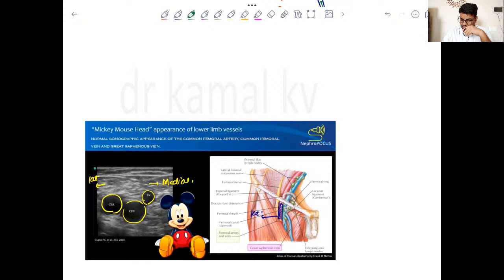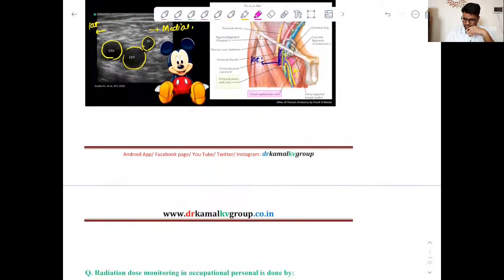And we can see this is the great saphenous vein, which is coming and draining into the femoral vein. So this particular arrangement creates a Mickey Mouse sign. So that is Mickey Mouse sign.